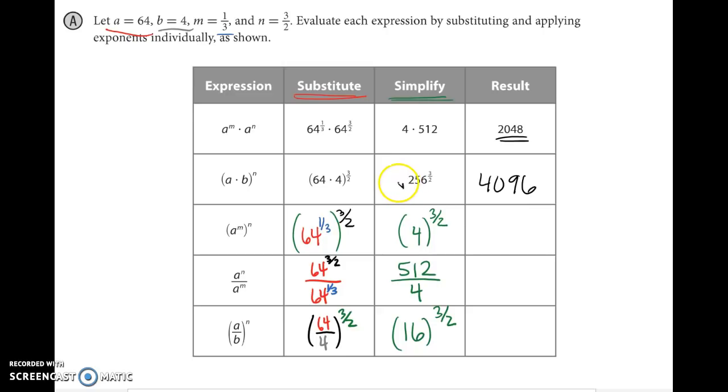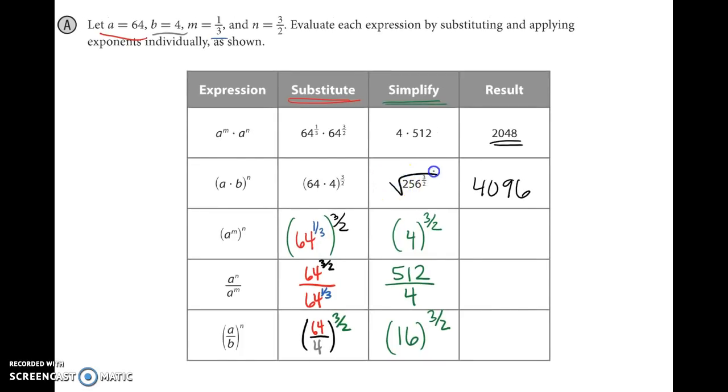We could have also thought of that as the square root of 256 all cubed. Okay, for this one here, 4 to the power of 3/2. Another way to think about that is the square root of 4 cubed. So the square root of 4 is 2, cubed, so 2 cubed is 8.